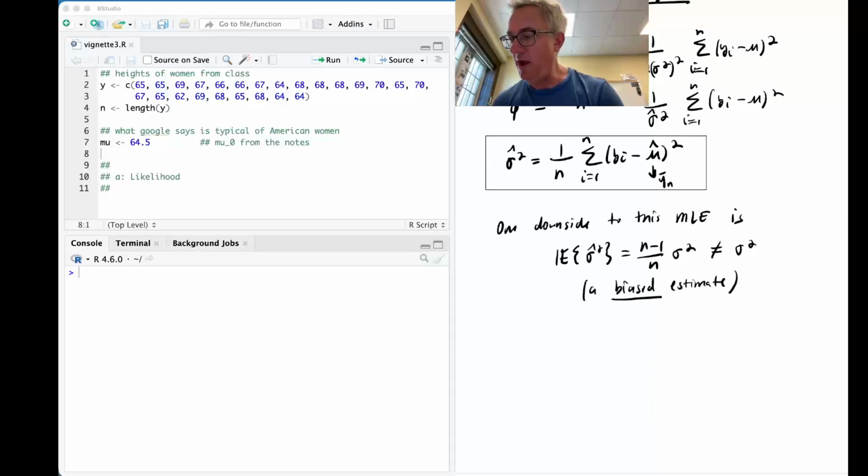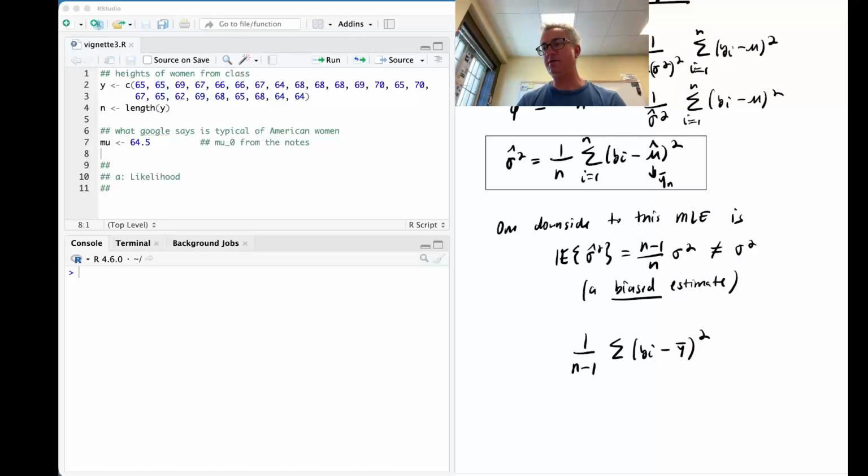But you can correct for that if instead you take 1 over n minus 1 times the sum of y i minus y bar squared. So that's the same formula as for sigma hat squared, but dividing by n minus 1 instead, so that when you take the expectation, the n minus 1's cancel. That is unbiased.